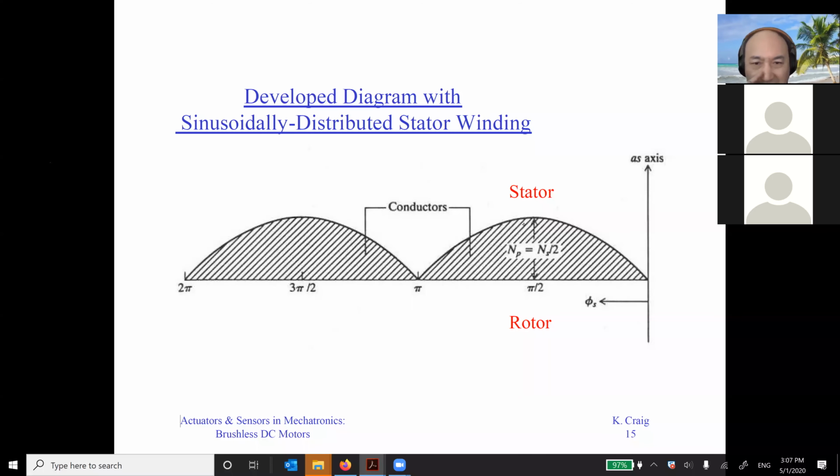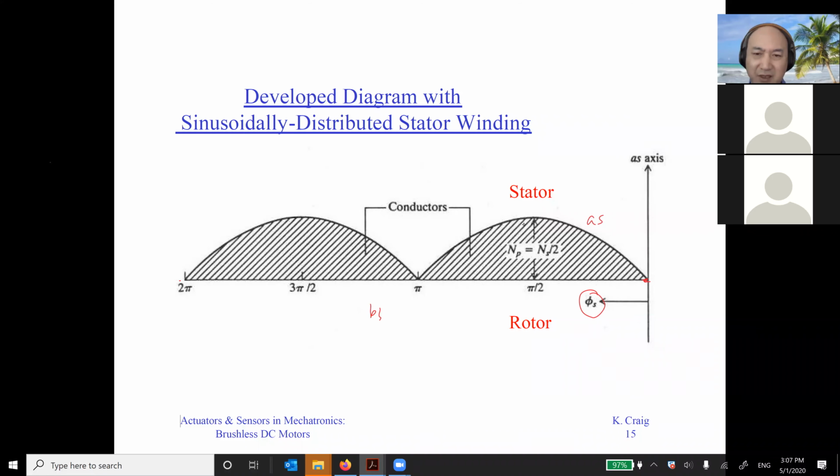So this is the developed diagram with what they call sinusoidally distributed stator windings. Those are conductors for the different turns. If you cut this, the rotor's angle is phi S. You can see from 0 to 2 pi, you have stator phase AS and BS.